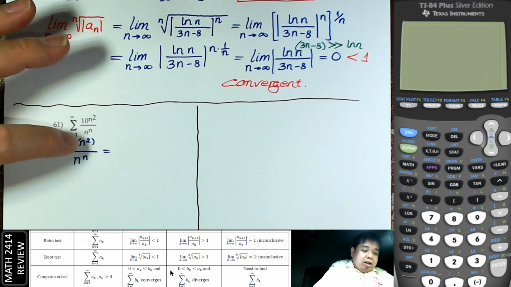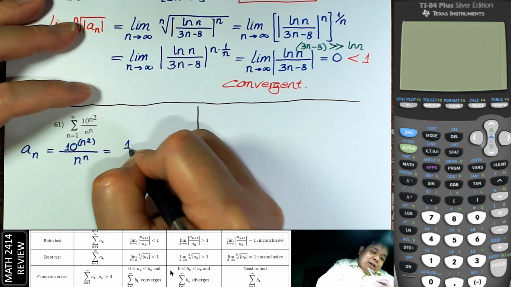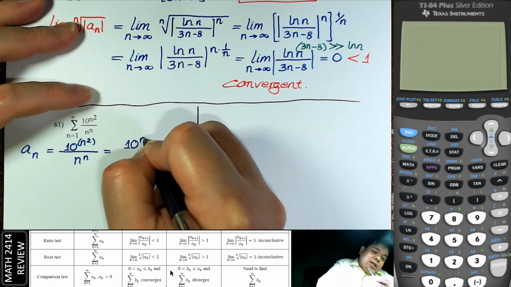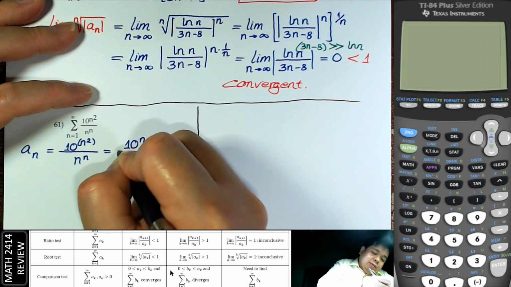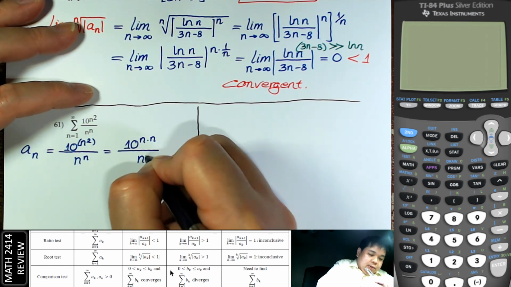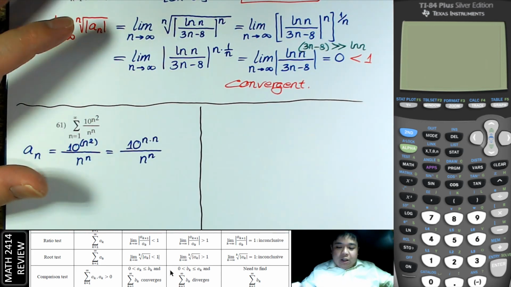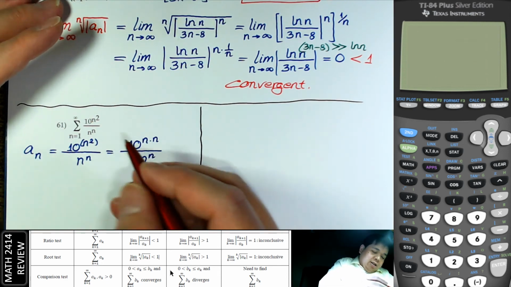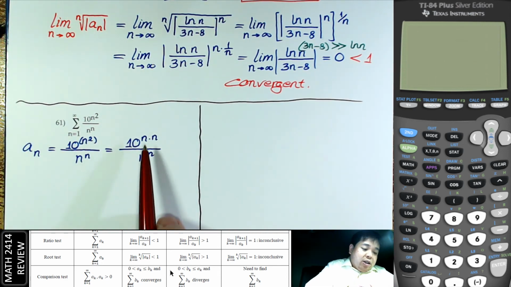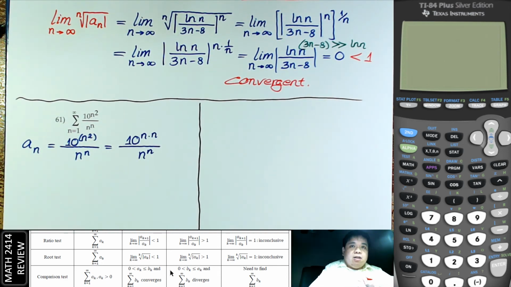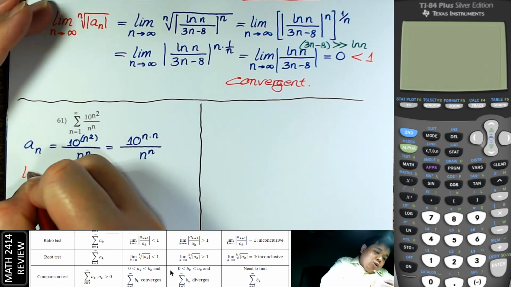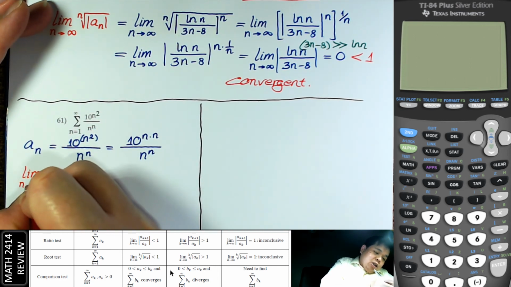I will rewrite n square as n times n, because that's what n square means. Then we just take the n root. Once again, whenever we see the power of n, the root test is a good choice.